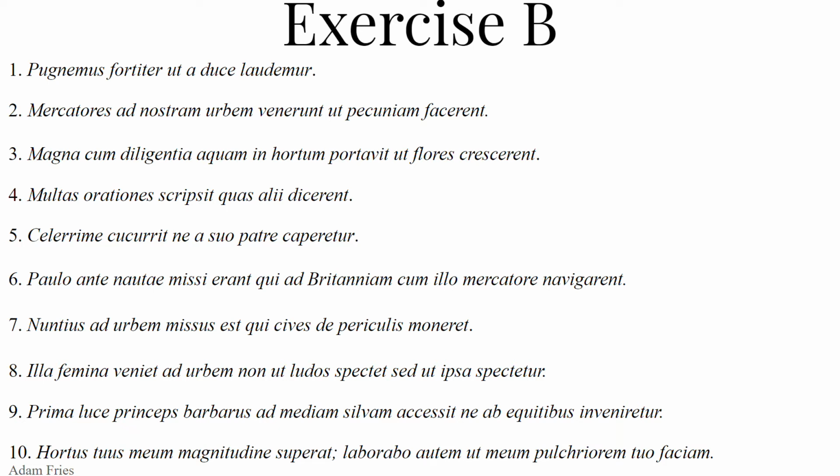Sentence 6. Paulo ante nautae missi erant, qui ad Britanniam cum illo mercatore navigarent. So Paulo ante. We've got ante with paulum, neuter, the ablative Paulo. This is an ablative of degree of difference.